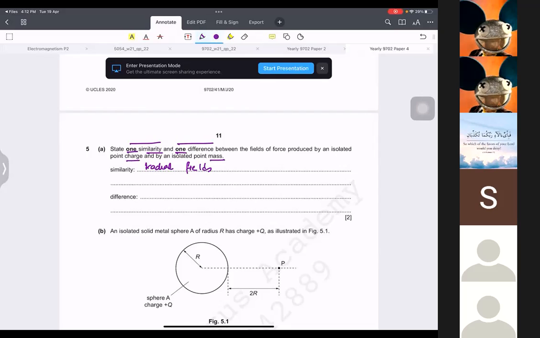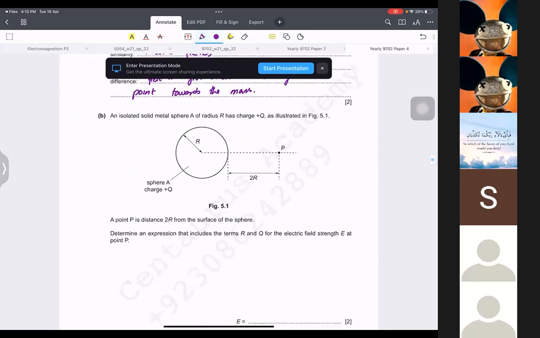You know what is the difference? The difference is that the field in gravitation is always pointed towards the mass. It's never away. That's why.